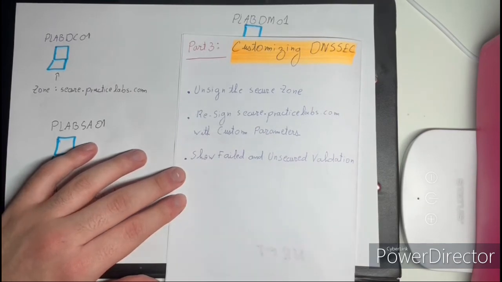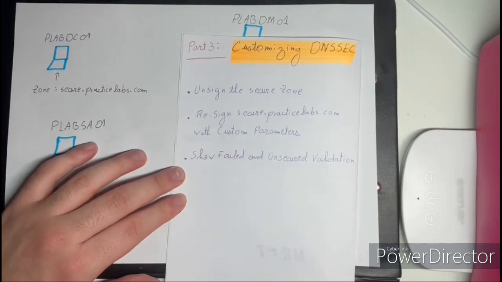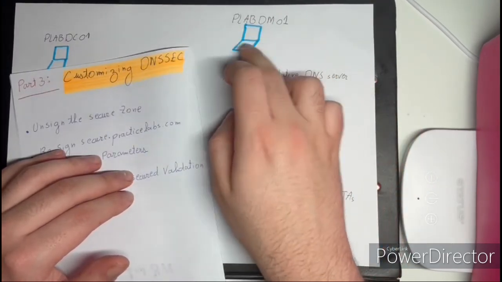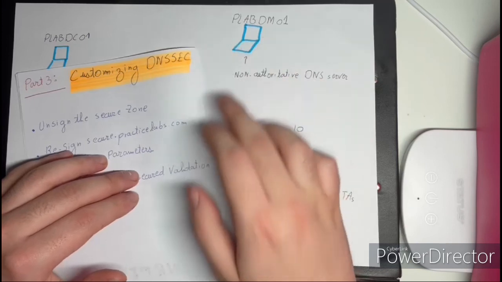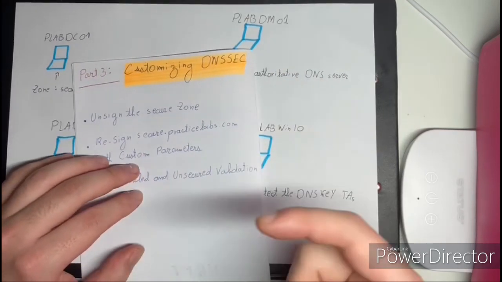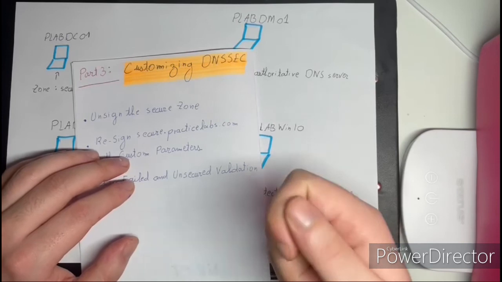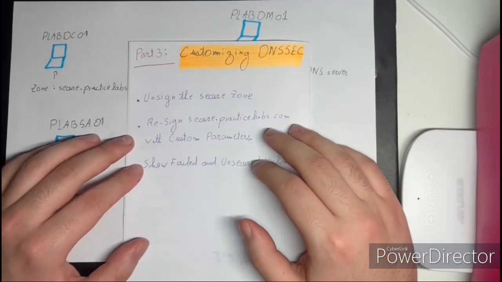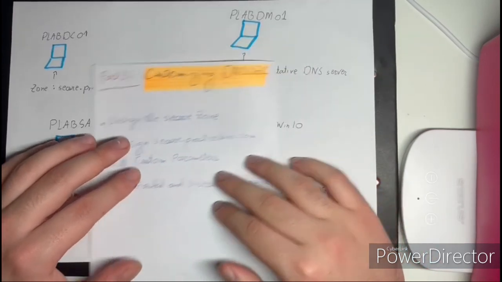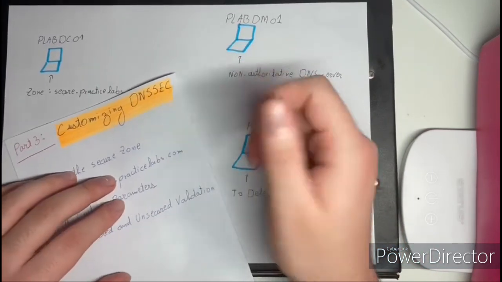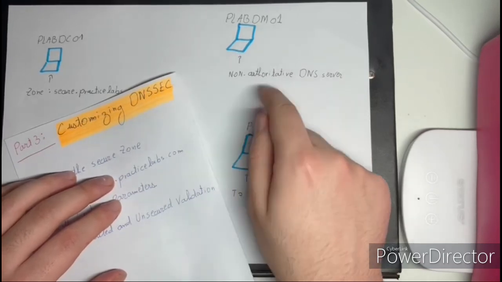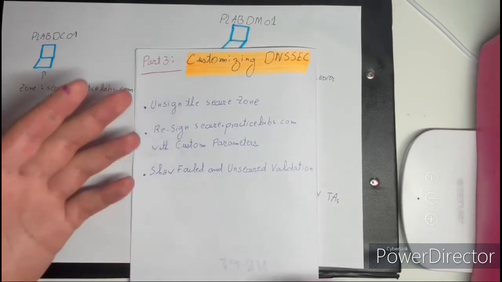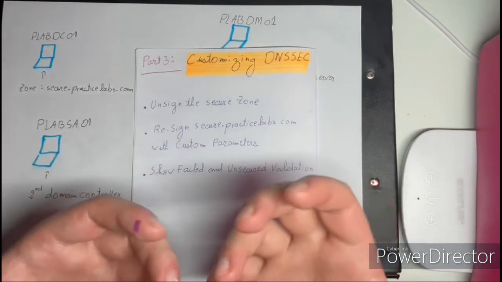And in the last stage, on a non-authoritative DNS server, the one installed on this server plub DM01, the DNSSEC keys must be copied manually to enable validation. So for this part, we will copy the keys on plub DM01 to test the validation on a non-authoritative DNS server. And as a result, we will see failed and insecure validation.